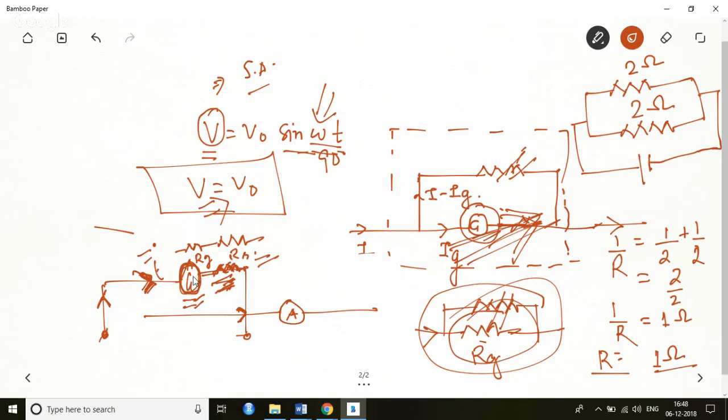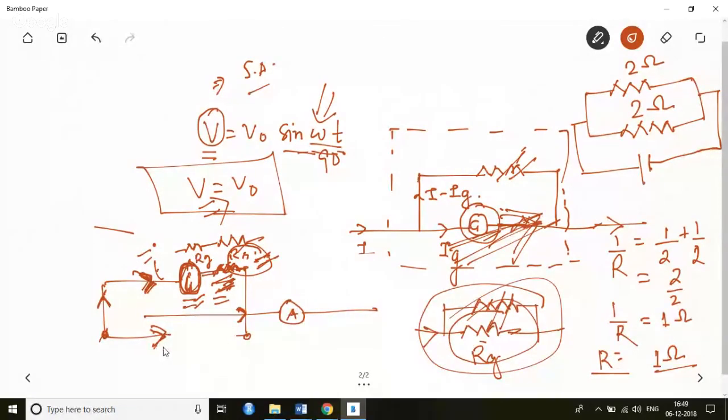That is why a very small amount of current going through it will be able to deflect the needle of the galvanometer, and the current, or the voltage, would be detected. So the reason behind putting this resistance is to increase the resistance in this path such that the circuit current is not affected that much.